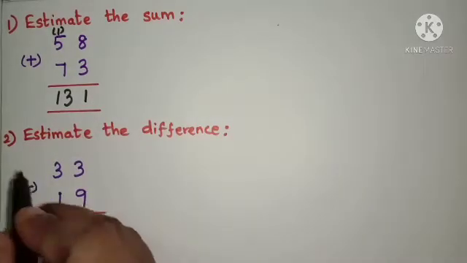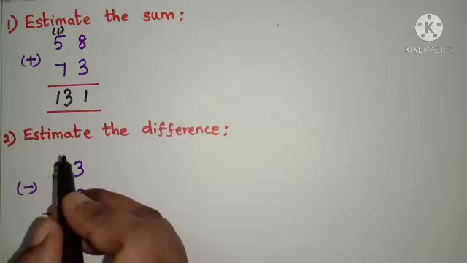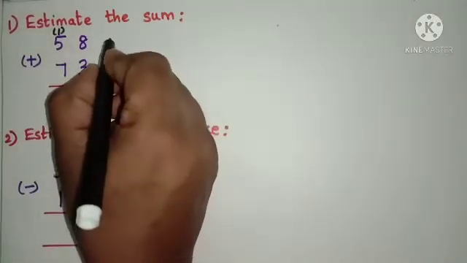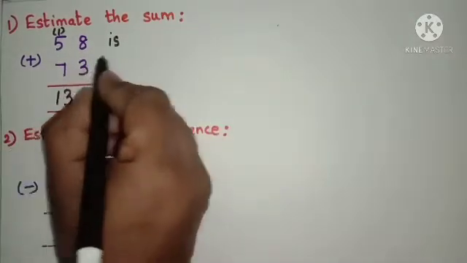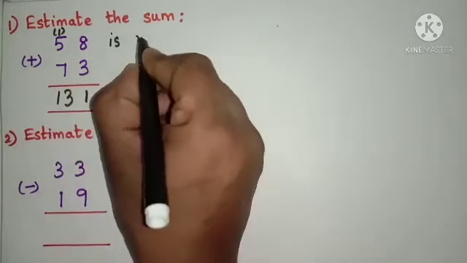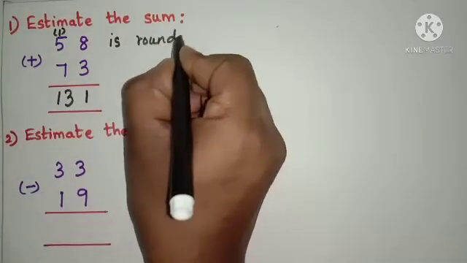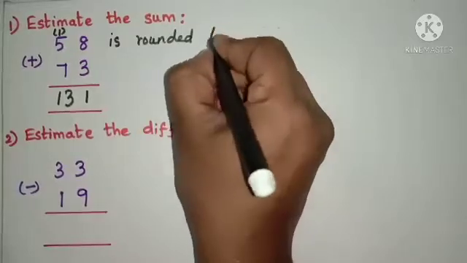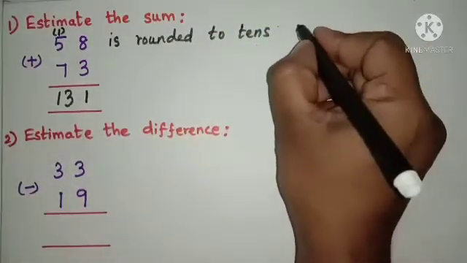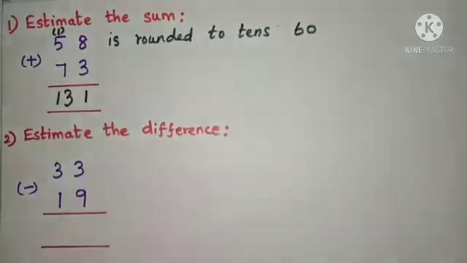Now students, we are going to estimate these numbers. Estimate the sum. How to estimate? First, we have to round off. 58 is rounded to tens. We get 60.